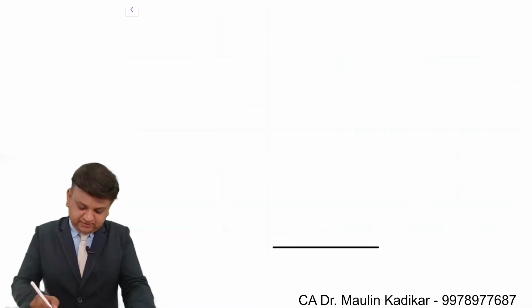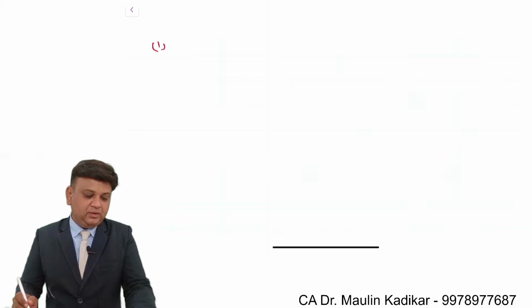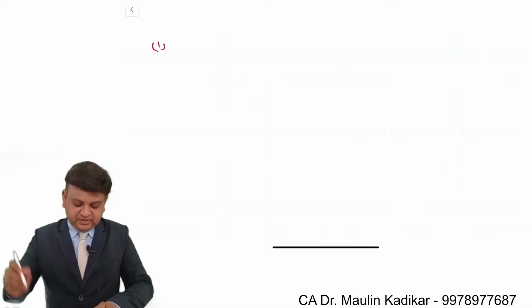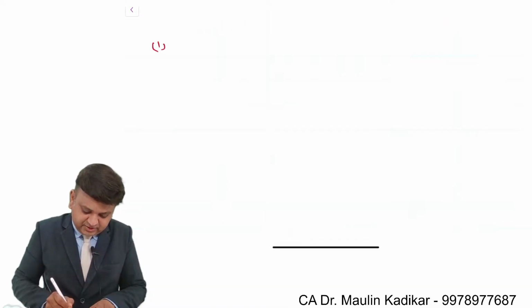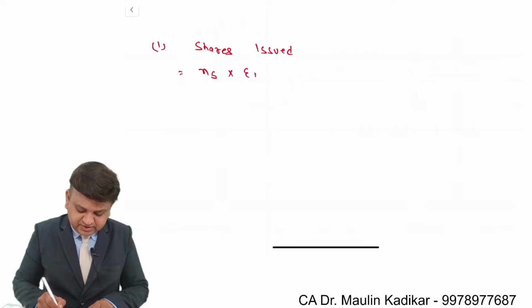First question is the number of equity shares to be issued by B Limited for acquisition of S Limited. So write down the answer. Shares issued is the number of shares of the target company, that is NS, into the exchange ratio.